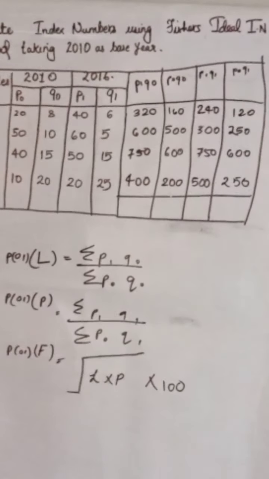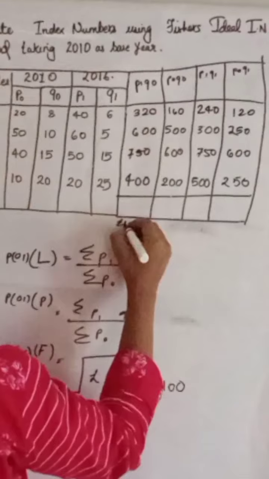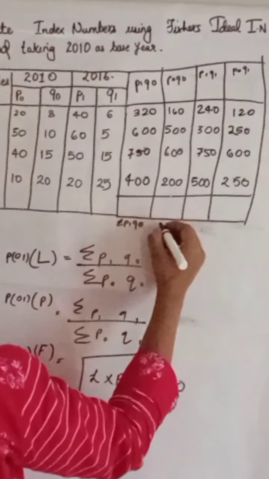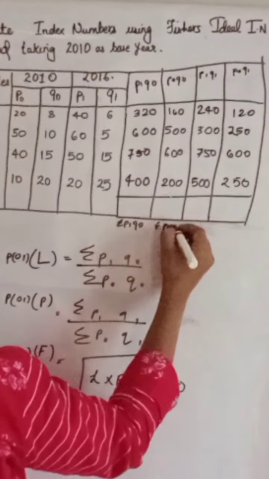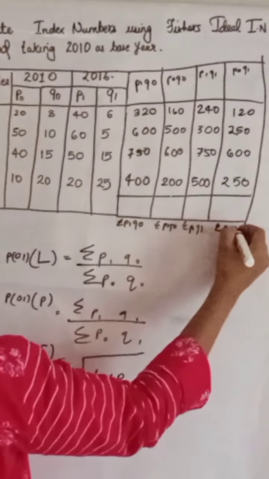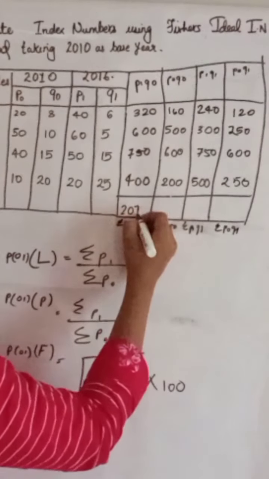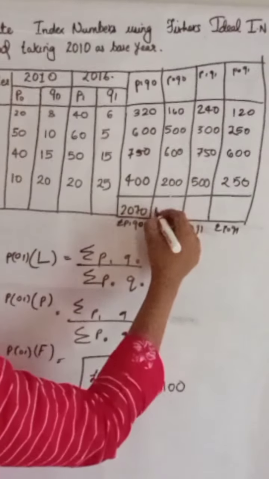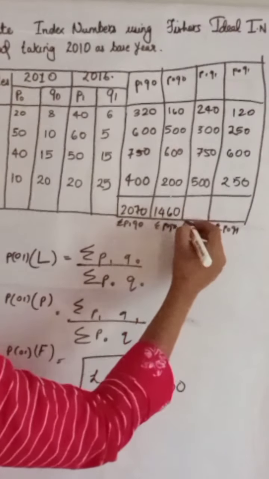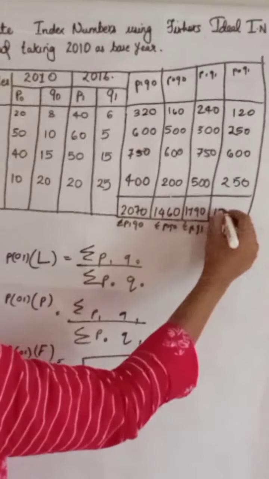Now what we need is the summation of all these. We have to have the summation of P1Q0, the summation of P0Q0, the summation of P1Q1, and also P0Q1. Let us add them up. So we will get 2070, here 1460, 1790 and 1220.